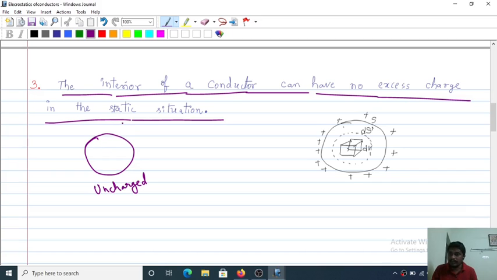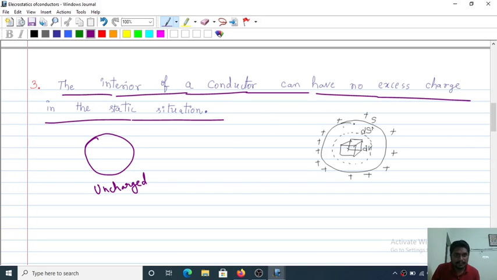But the number is the same. When a charge is given to the conductor, how it will be distributed is what we are going to discuss.